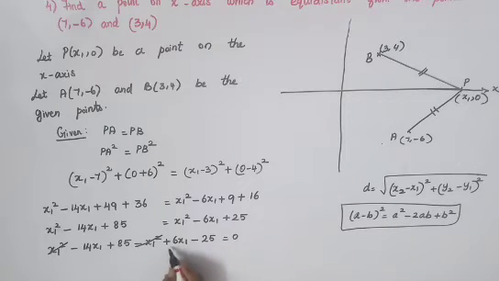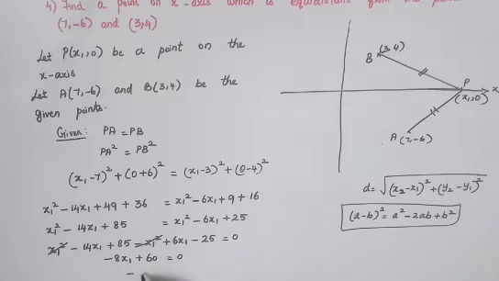Minus 14x1 and plus 6x1, you will get minus 8x1 and plus, because the bigger number is plus, 85 minus 25, you will get 60, which is equal to 0. So minus 8x1 is equal to, take this plus 60 to that side, so it will become minus 60.